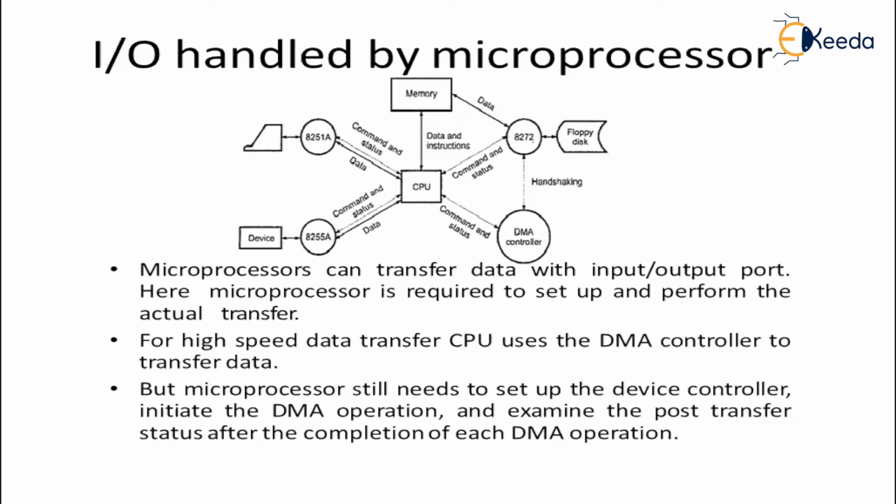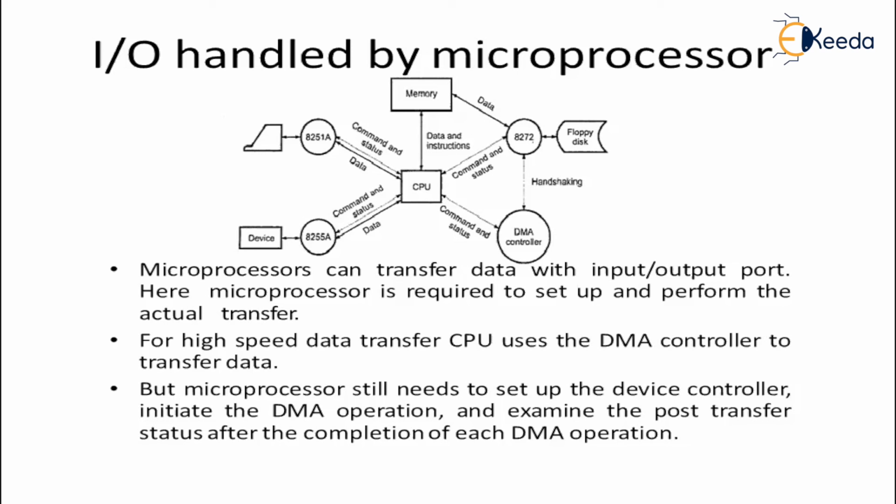They can transfer the data at a very high speed between the CPU that uses the DMA controller to transfer the data. The microprocessor still needs to set up the device controller, initiate the DMA operation, and also examine the post-transfer status after the completion of the DMA operation.